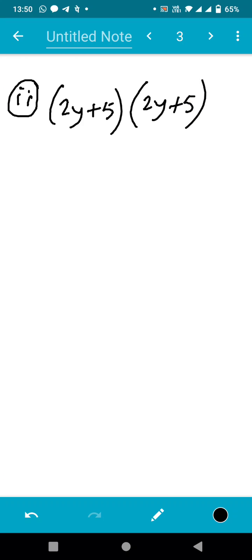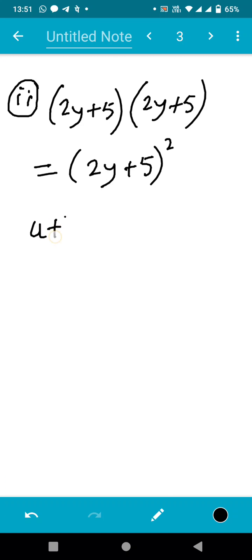So both the brackets have the same terms, so we can write this as (2y plus 5) whole square. Now again, to expand this particular form, we will need an identity, that means (a plus b) whole square, because between these two terms, that is 2y and 5, we have a plus sign. So to open this bracket, we'll require this identity.